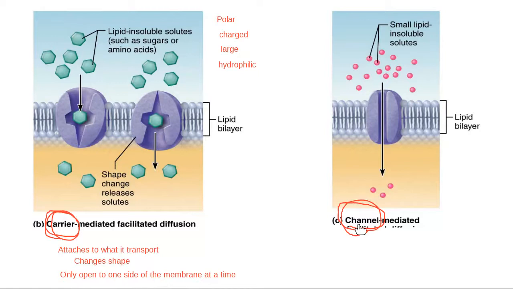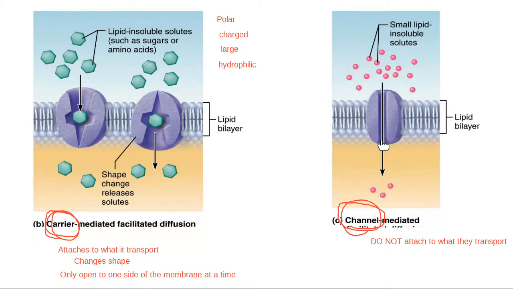When I talk about channel proteins, they do not attach to what they transport. They do not attach to it. Channel proteins have this channel, like their name suggests. This is a place that's always open for stuff to move through.